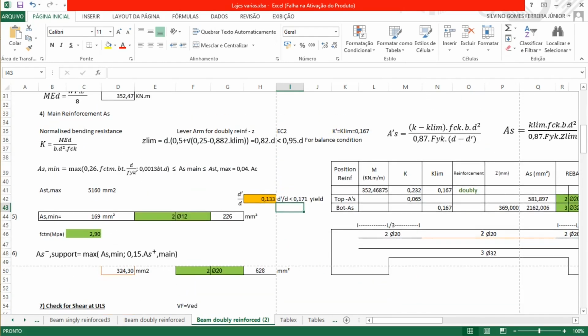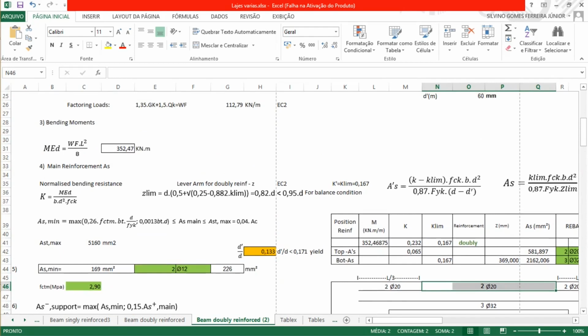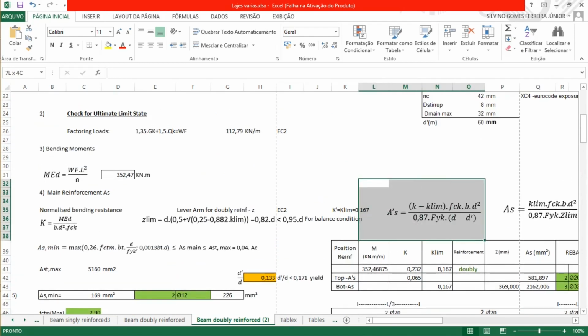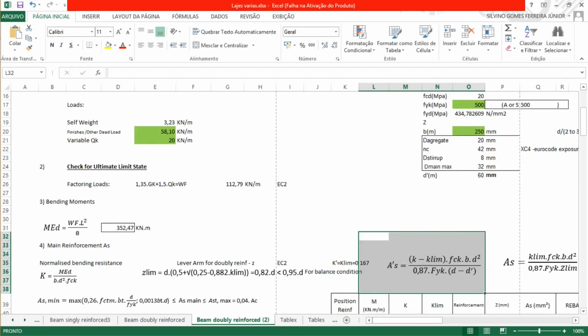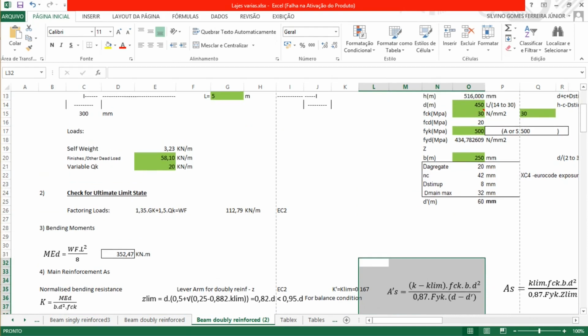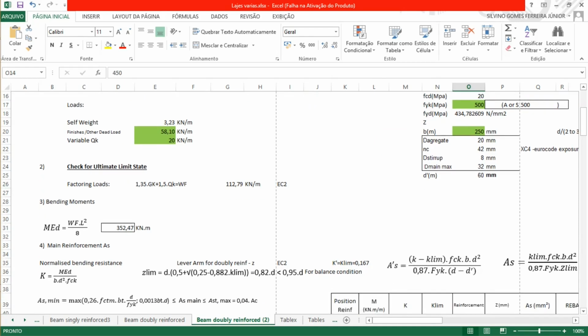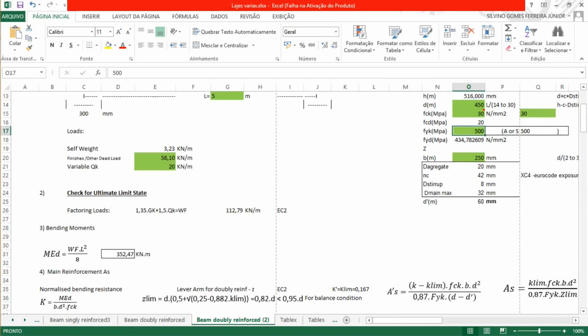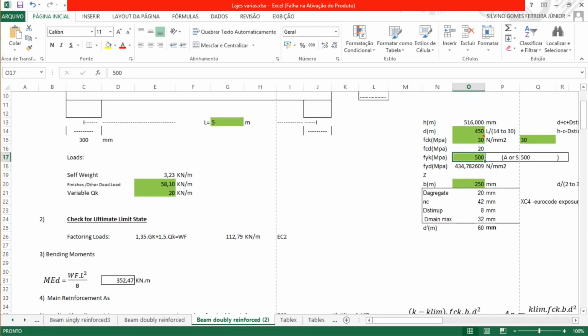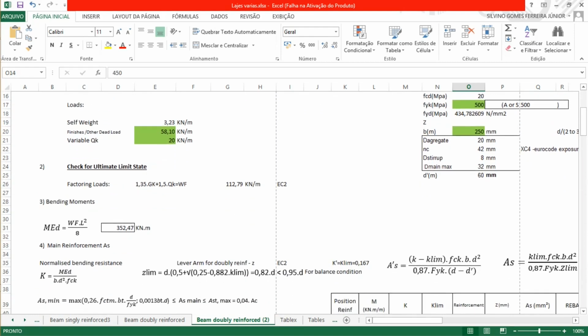Okay, so going forward, to calculate the rebars we start with the rebars on top of the beam, and that will be given by this equation. This is the K less the K limit, 0.167, times FCK, that is 30 for the concrete we are using, multiplied by B, 250, multiplied by D, 450, over 0.87 FYK of the steel, that is 500, multiplied by D, 450, less the D prime, that is 60 millimeters.